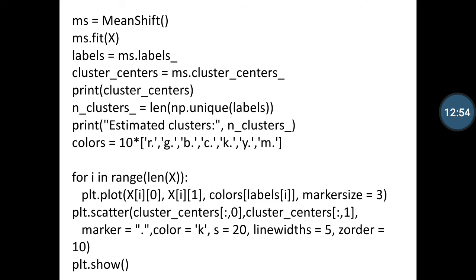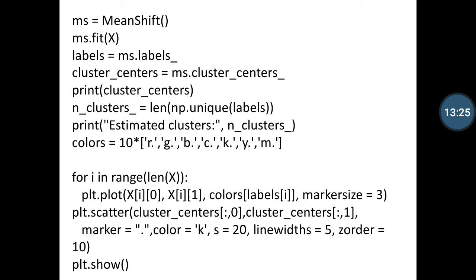So I am defining the axes, colors and marker size in the loop: x[i][0] and x[i][1], and color is equal to colors[i], such as r, g, b, as per the defined colors. And marker size means the size of the data point, which is 3.